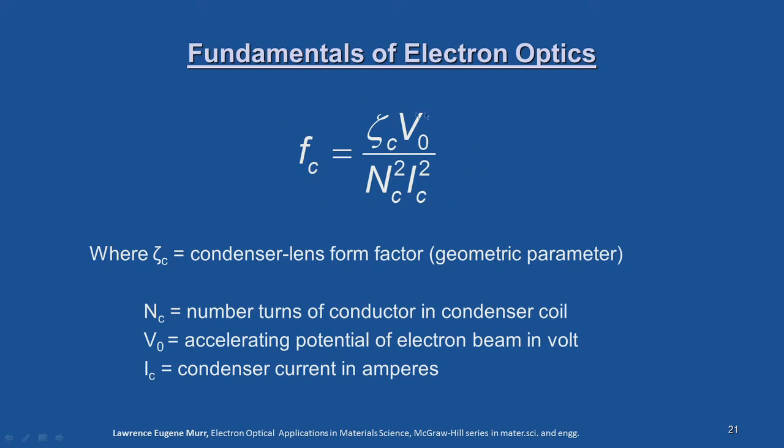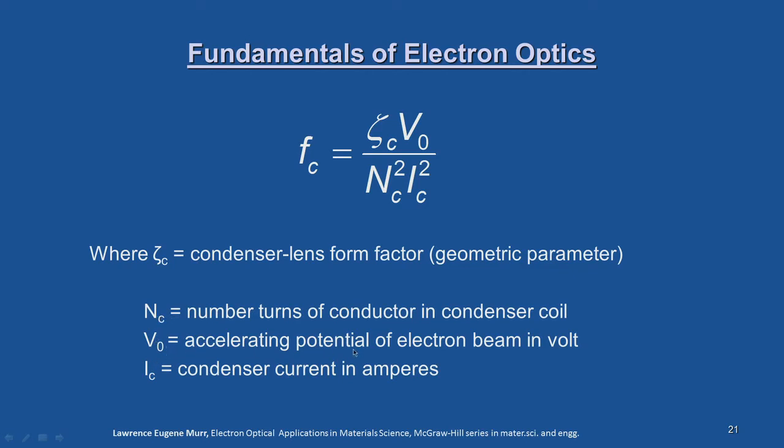This is the focal length of the condenser lens, where zeta C, the condenser lens form factor, is a geometric parameter, and Nc is the number of turns of conductor in the condenser coil system. Now, you will understand what I mean by the condenser coil. You have seen that cross section of the electromagnetic lenses, so you will be able to relate it very quickly.